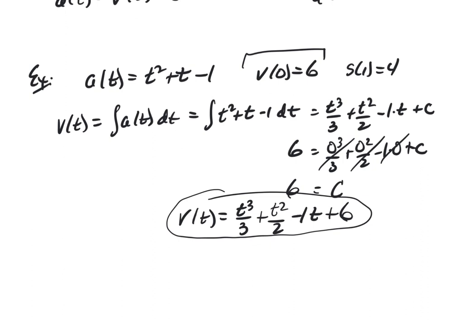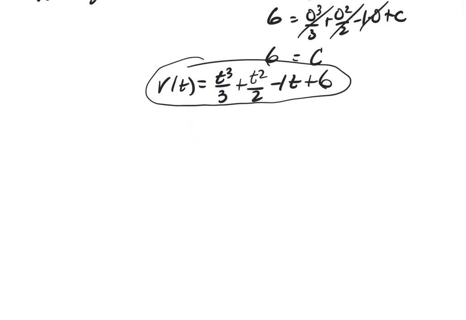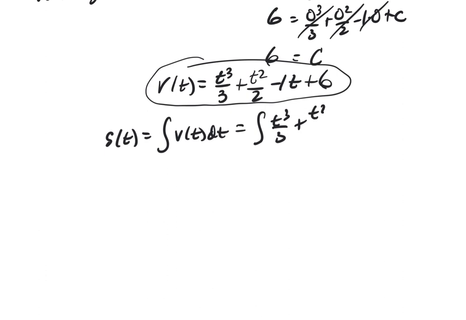But since we are also given an initial condition for position, we can make the next step and go from velocity to position. So position is going to be the integral of velocity. So for us, we're going to be integrating t to the third over 3 plus t squared over 2 minus 1t plus 6 dt.